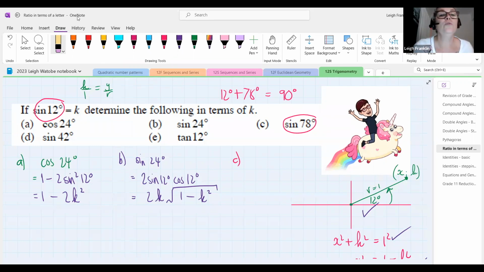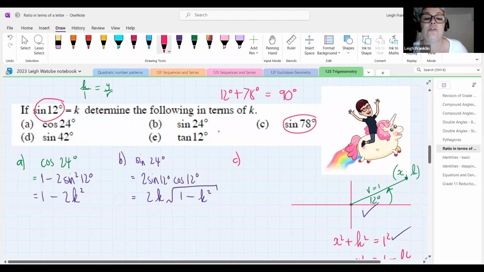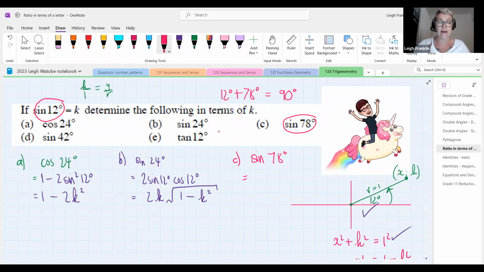So what I want to just first formalize is that when you wrote down the question, you would have said that this was equal to the sine of 78. Then over here, what you should have done is said that this was equal to the cos of 12 because of 90 minus. Did you do that? Yes, ma'am, because I wrote it as interior angles and then I did it as a co-function.